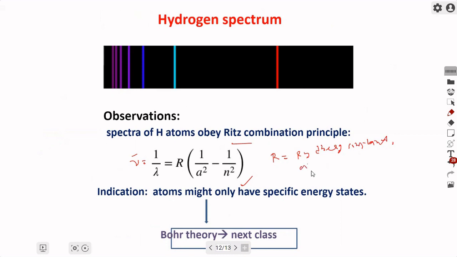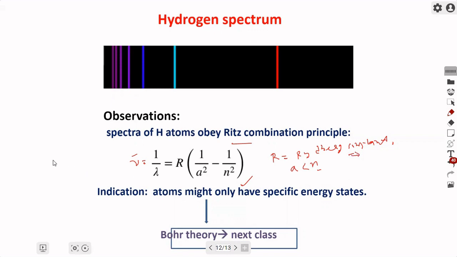Here a and n are both integers, and a is less than n. It's called the Ritz combination principle. The value I forgot actually, I will tell you in the next class.